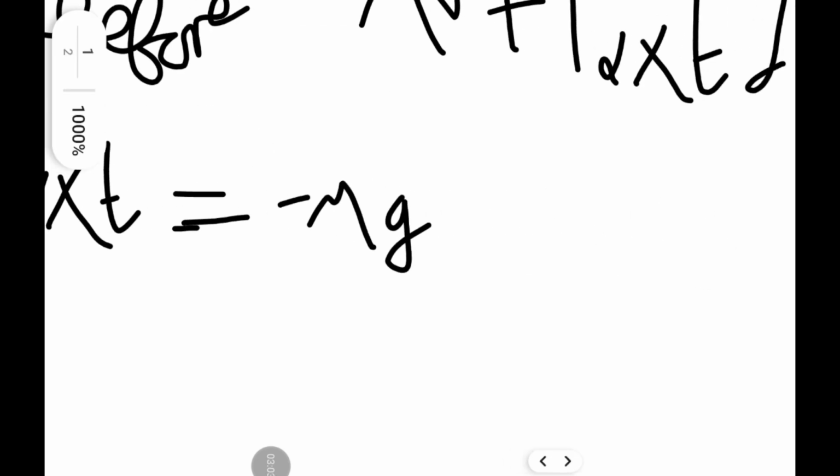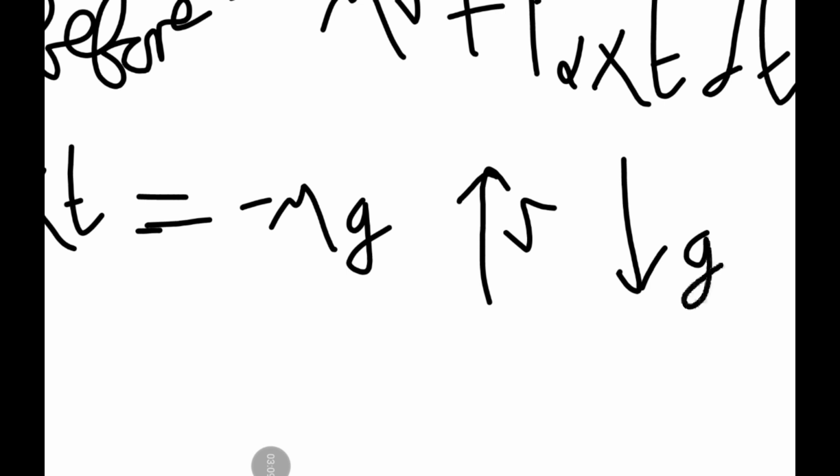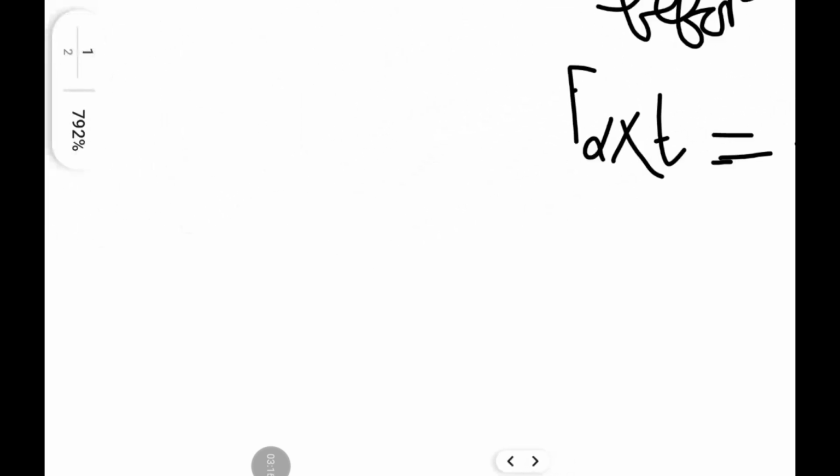The reason why is because we are resolving upward like this. The velocity of the rocket is going upwards. However, gravity is acting downwards. So therefore the force is going to be negative mg. Anyway, so we know one thing is true. If you look at any kind of momentum equation, the momentum before is going to equal the momentum after.